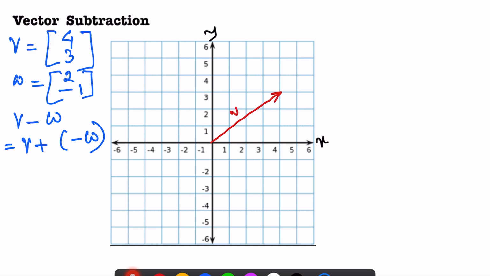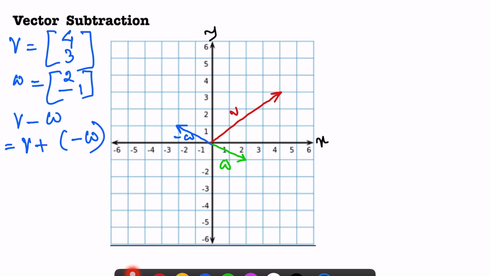Vector w is 2, minus 1, meaning 2 steps in the positive x direction and 1 step in the negative y direction. So this is vector w. Now what is minus w? That means we flip the vector w. So this is minus w.